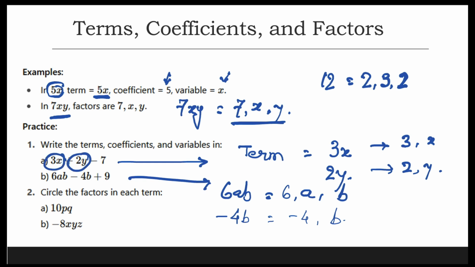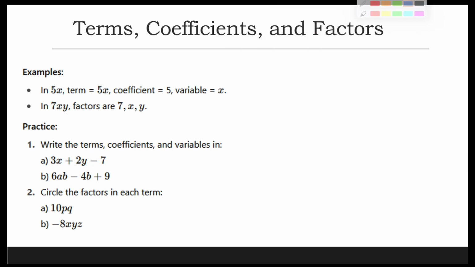Terms are 3x, 2y, 6ab, minus 4b. Algebraic terms in that sense. Now in this one, factors, if I have to find out, 10, p and q are the factors. In this, minus 8, x, y, z are the factors.